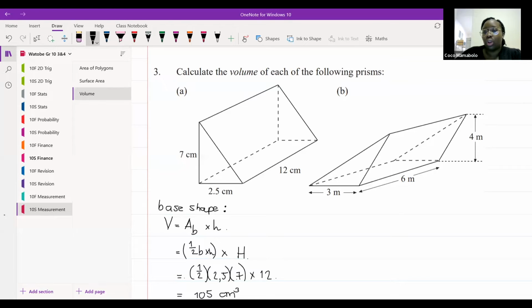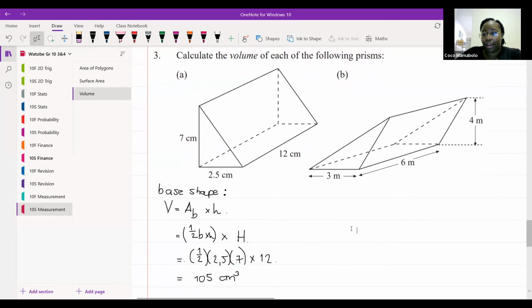Funzo, I'm watching you, Cassidy. Where is my centimeters cubed? Remember, we are calculating volume. When we just say 105 or 105 centimeters, what exactly did we calculate for? We must remember that. Thank you, Funzo. All right.